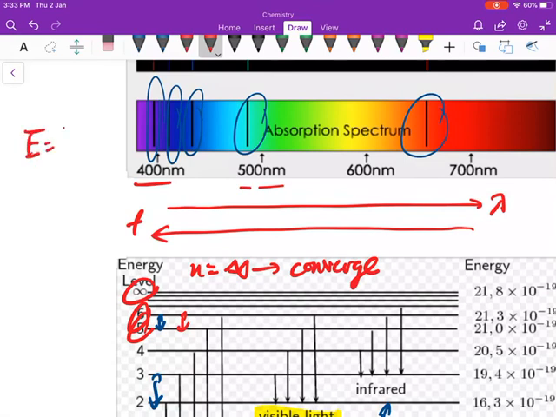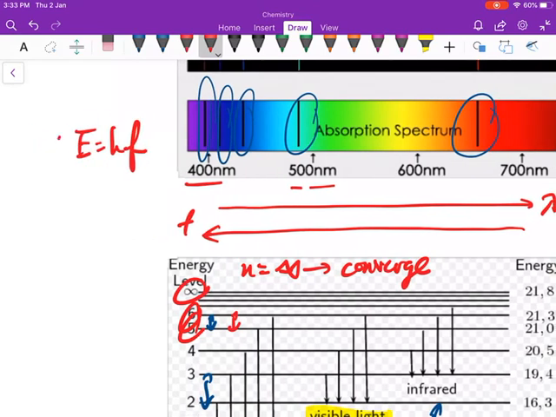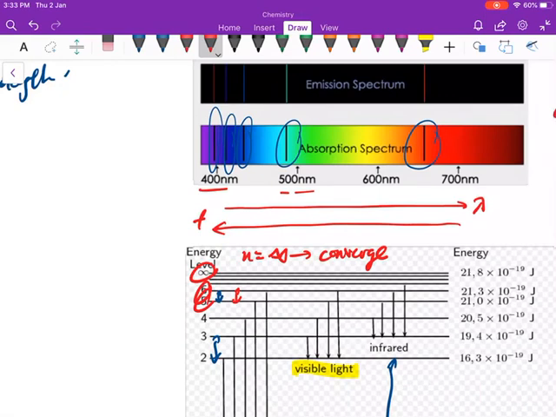And we know from E equals hf, if the change in energy decreases, the frequency must decrease. Does it make sense? What I'm trying to get at is, as the frequency increases, the energy level increases, yeah? And that's why a higher energy level is more to the left in this context.